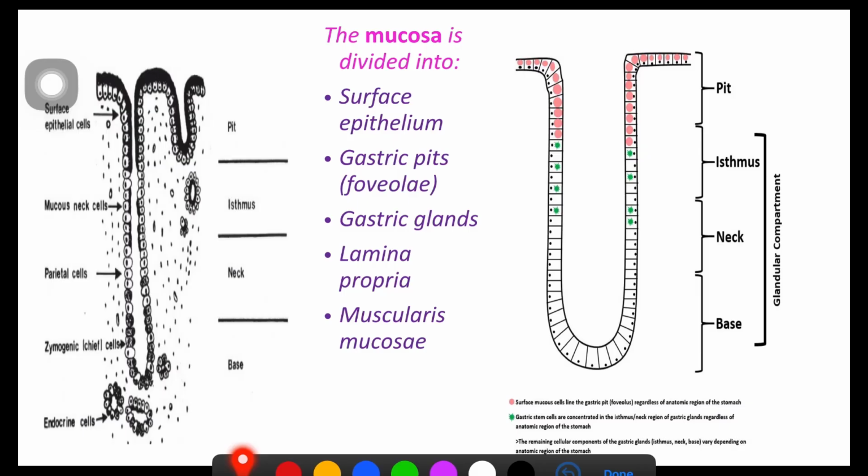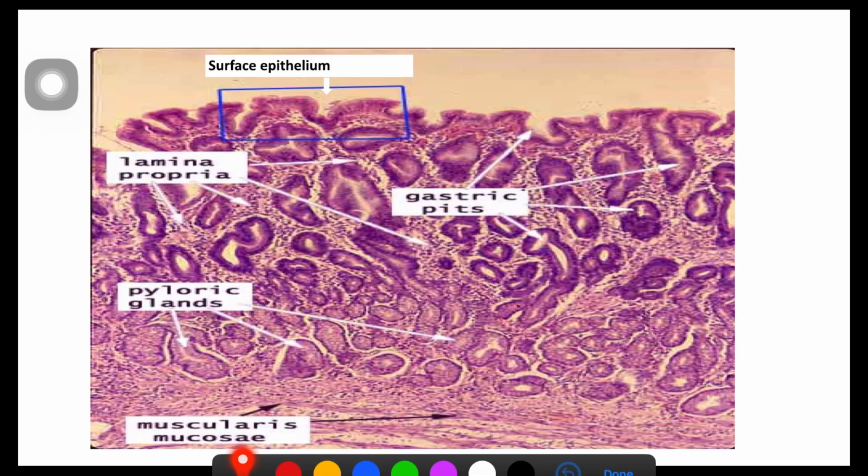And we have seen three anatomical regions, right? The surface epithelium as well as the neck stem cells are common in all three regions, but all three regions will have different neck and base gland areas. So we will see in the next slide.